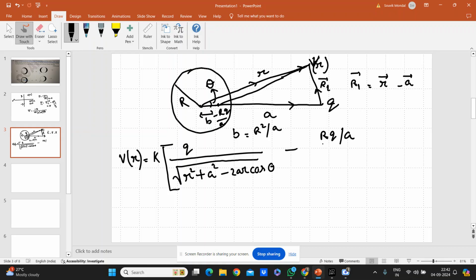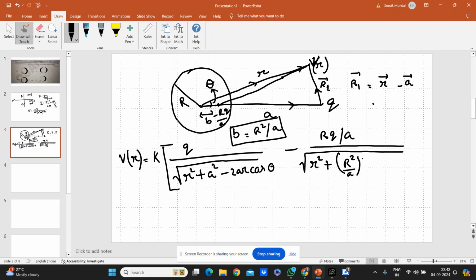The image charge is minus R over a times q, divided by the distance. R remains fixed, and in place of a you have to write R square by a, because b is R square by a. So it is r square plus (R square by a) whole square minus 2r into R square by a cos theta.